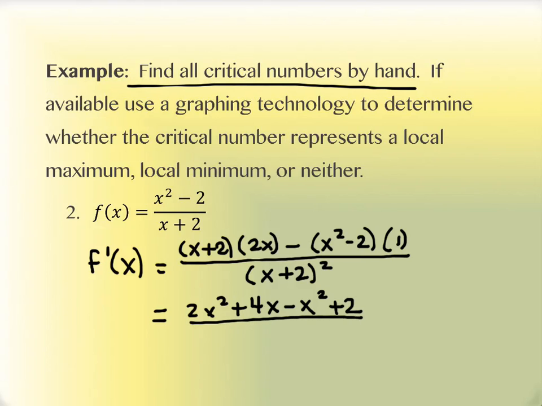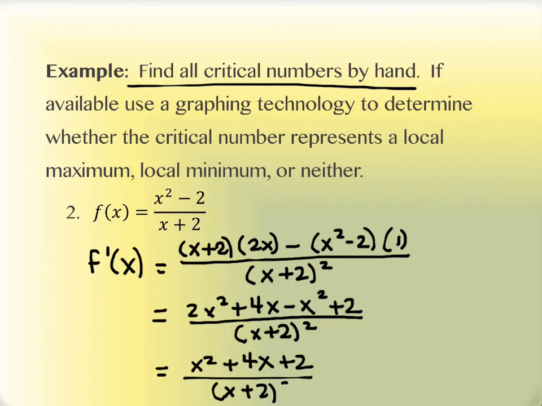And all of this is over x plus 2 quantity squared. How does that numerator simplify? x squared plus 4x plus 2 over x plus 2 quantity squared.